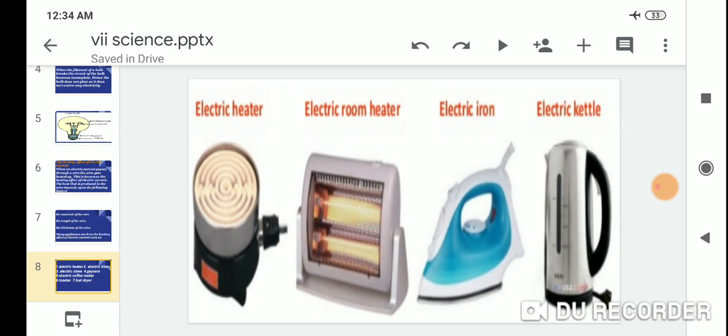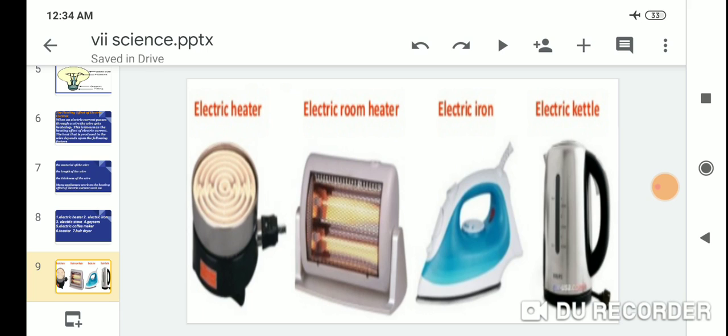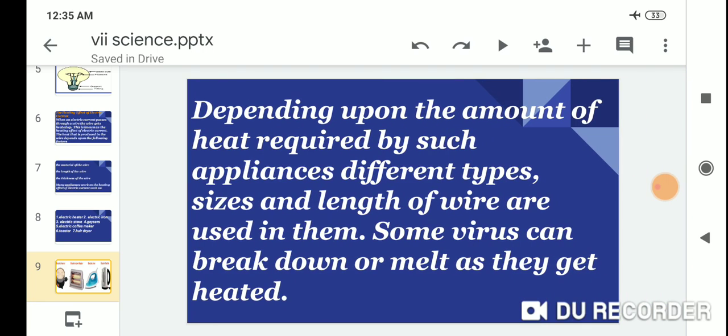Also electric room heater and electric kettle. These are different types of instruments through which electric current passes.